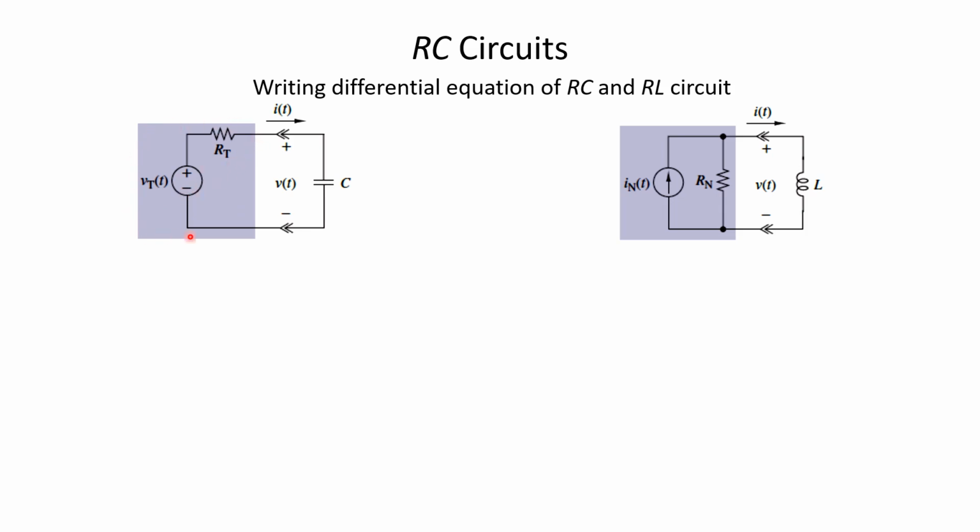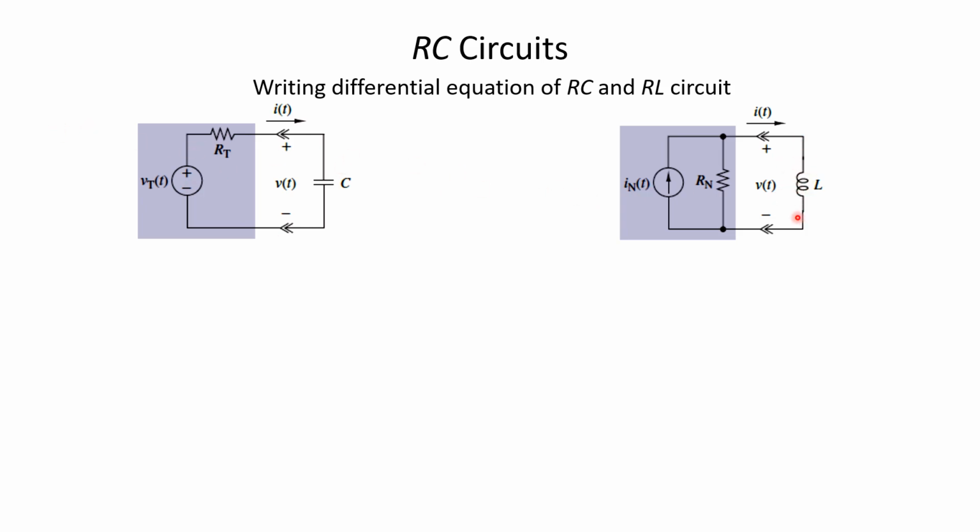Basically, we may have many other components over here, but no capacitor. All energy storing elements are shown at the right hand side. In the present case, we have only one capacitor. So this is a voltage source and the resistance, the equivalent resistance or Thevenin resistance.